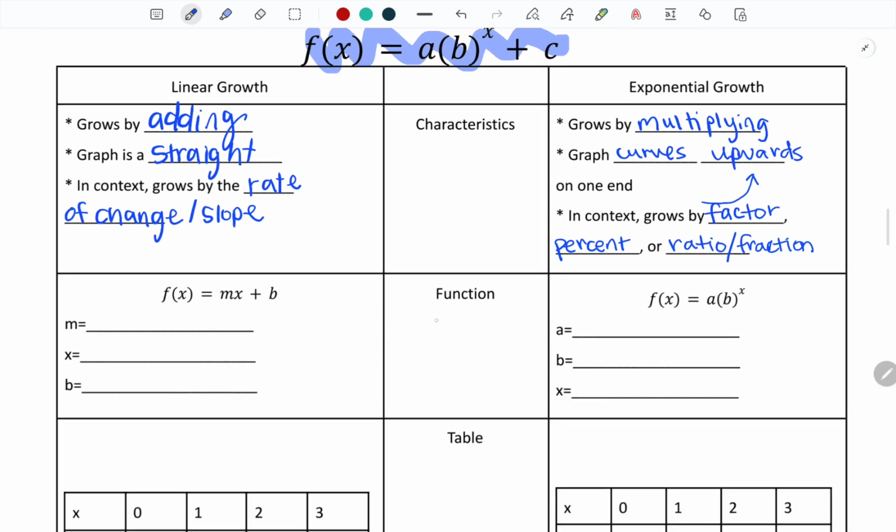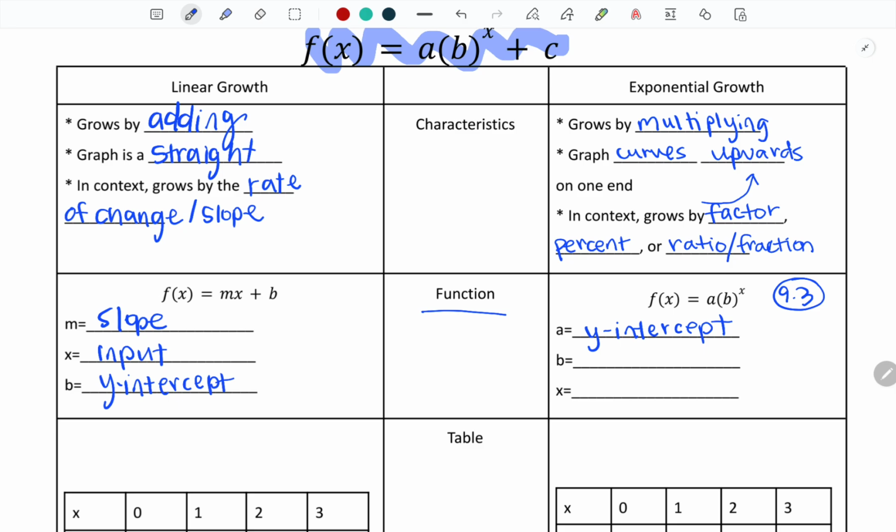So as our functions, like when we're writing them, y equals blah, blah, blah, right? m is our slope, x is our input, b is our y-intercept. A is now our y-intercept. We'll be graphing these in 9.3, so that's where this will really come in.